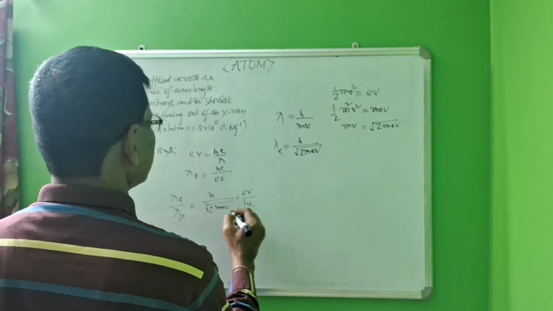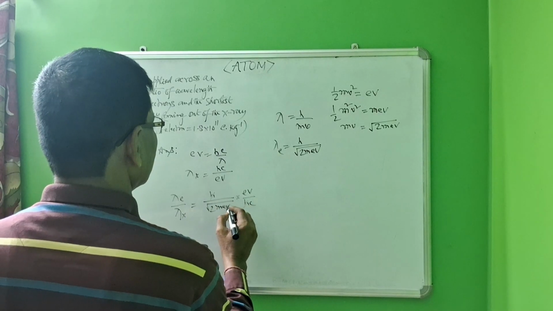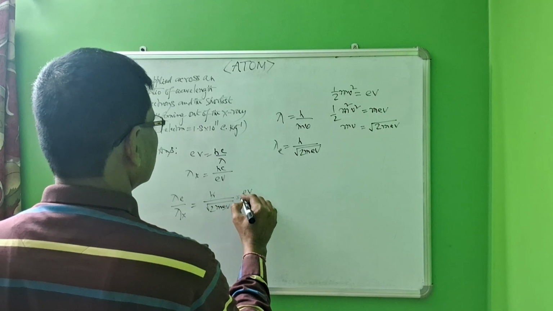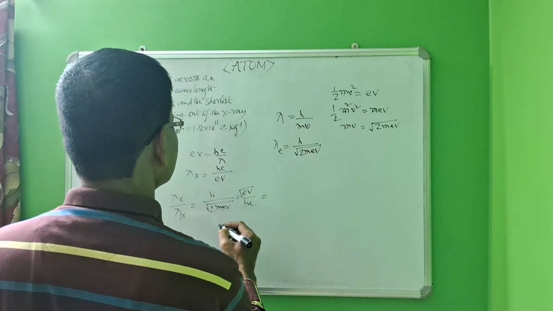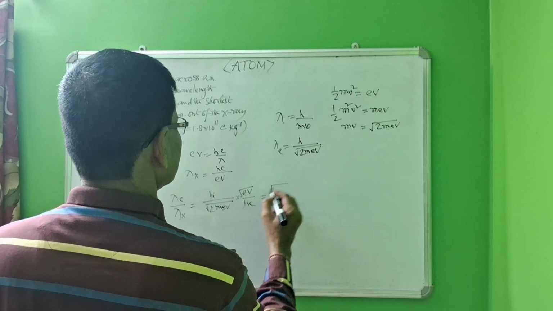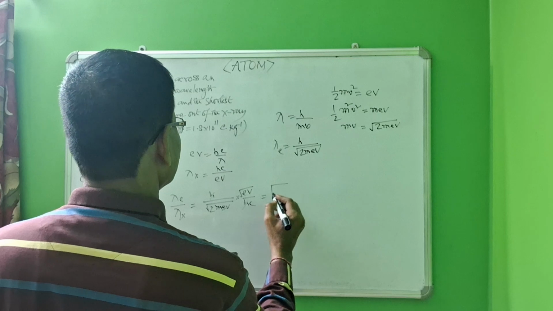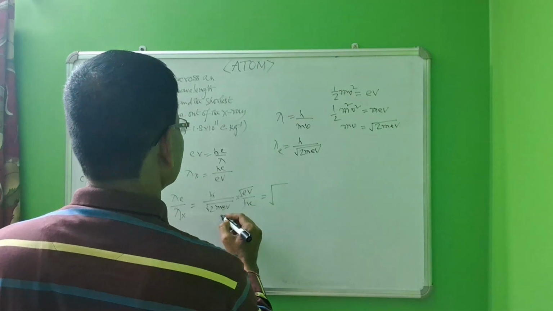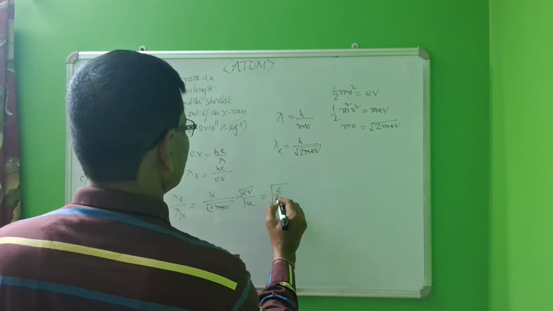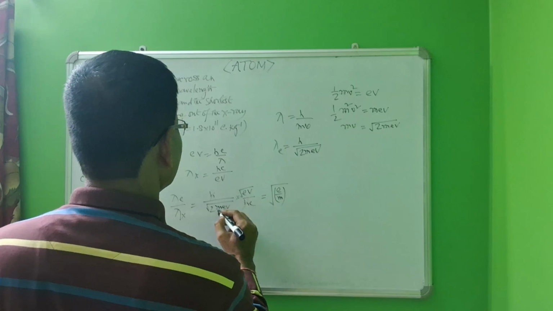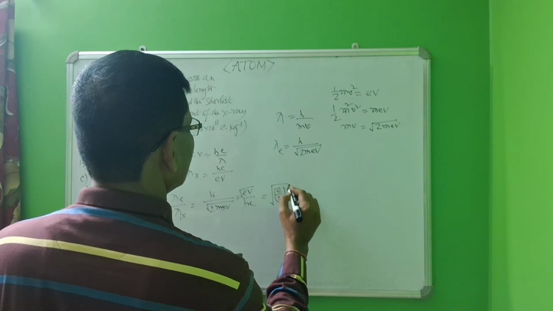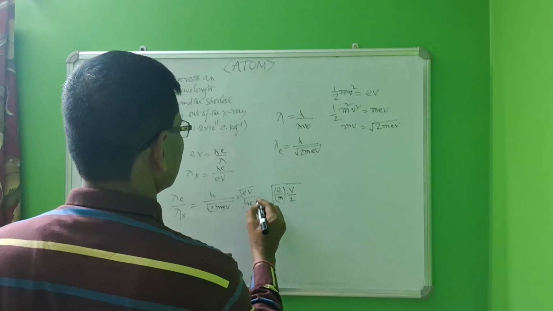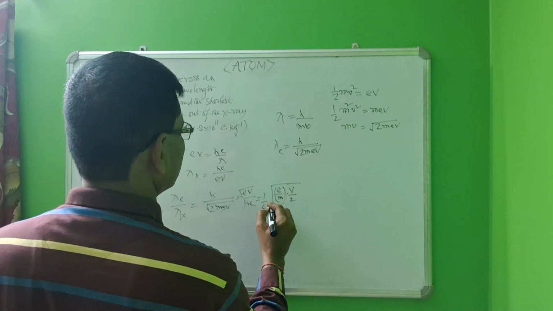So we can write, the eV cancels out. So in it we get root of e by m into V by 2, and here we get 1 by c.